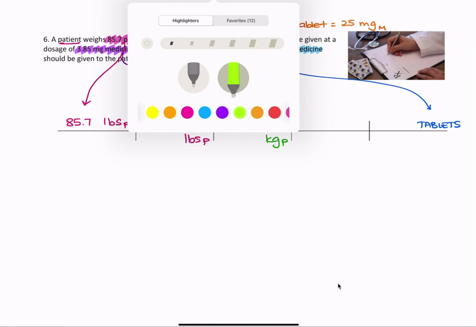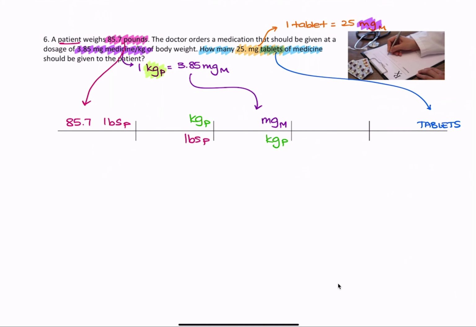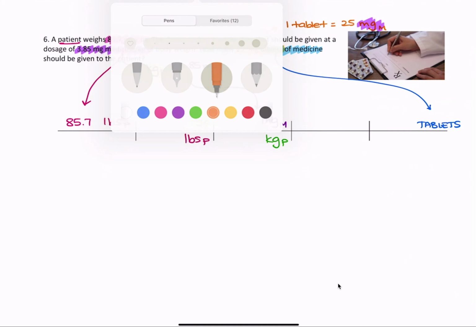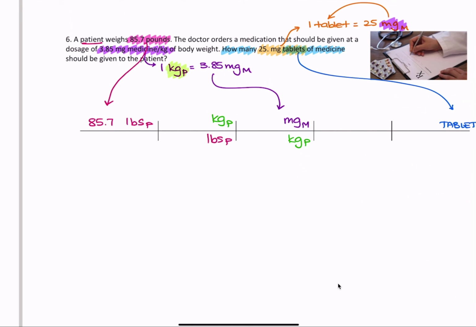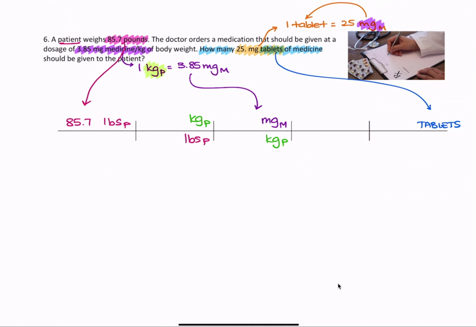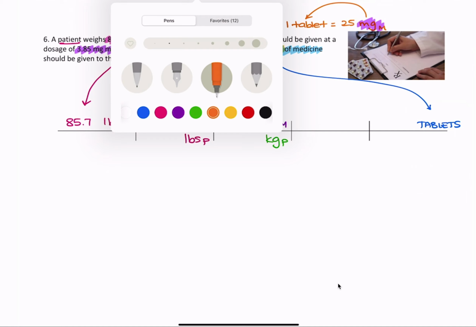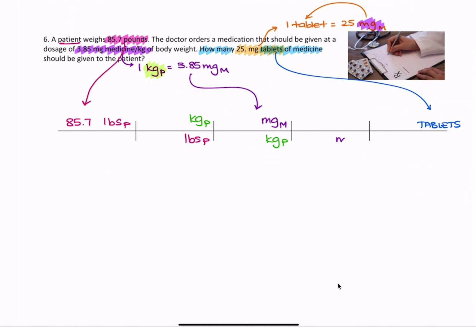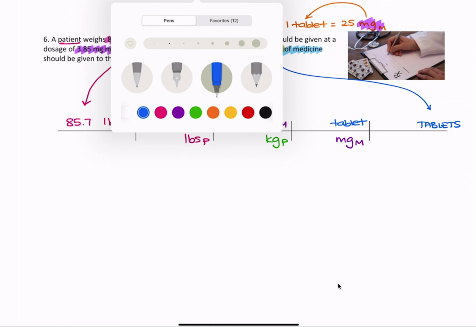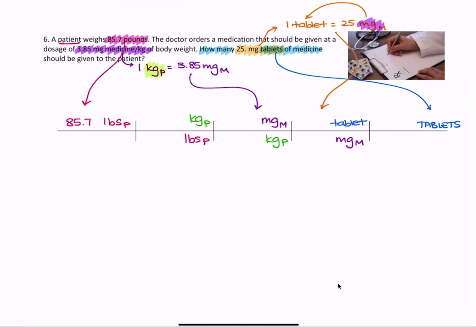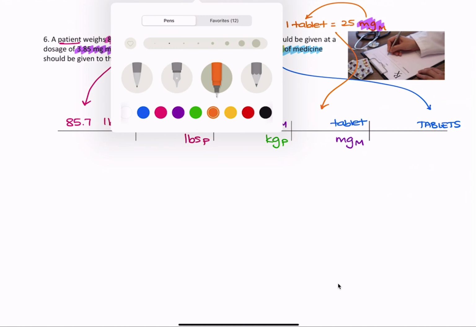Then when I have milligram of medicine, guess what? I see they are here. I can easily go from milligram of medicine to tablets. Therefore, I will be able to cancel the milligram of medicine, convert this into tablets by using this relationship. So the only information that I'm missing is here.